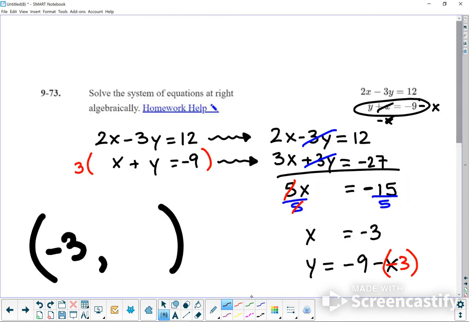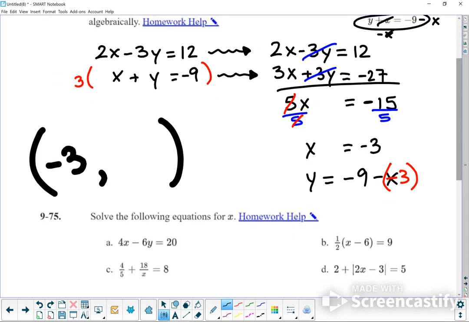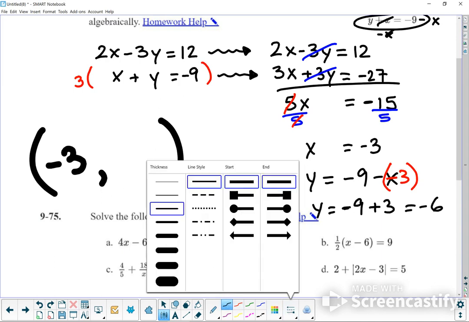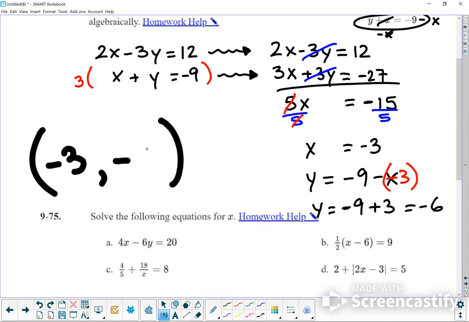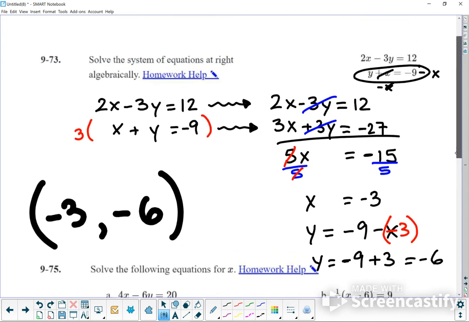So my y is going to be negative 9, and a negative times negative 3 is a positive 3. So y is equal to negative 9 plus 3, which comes out to negative 6. So my y value is negative 6, and that's my answer for number 73.